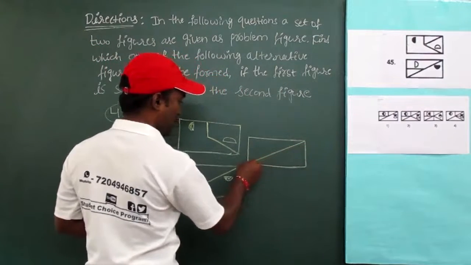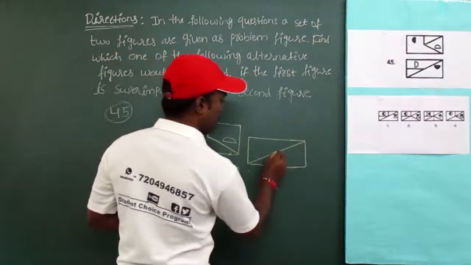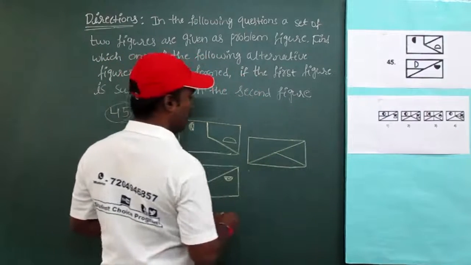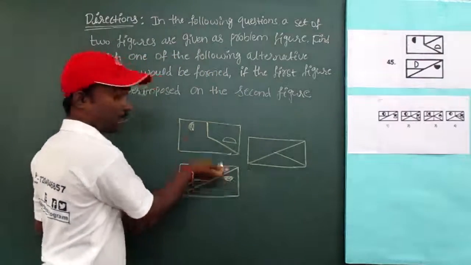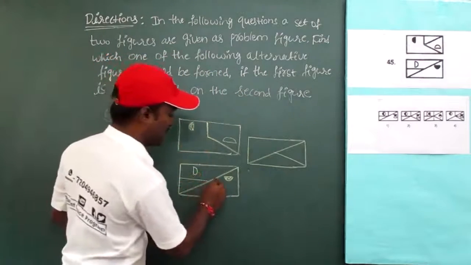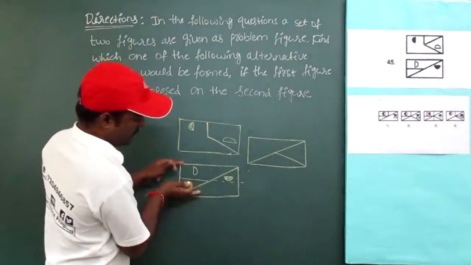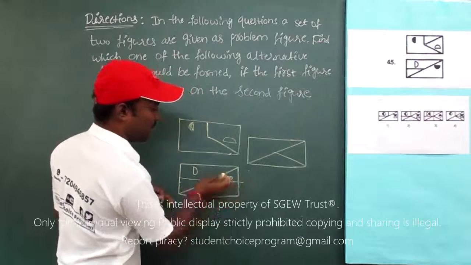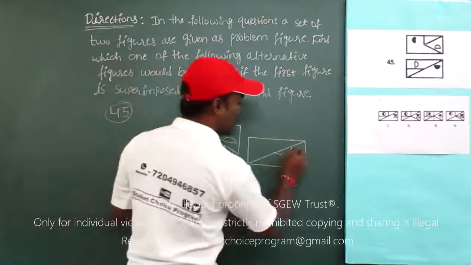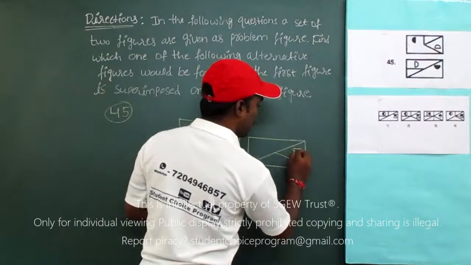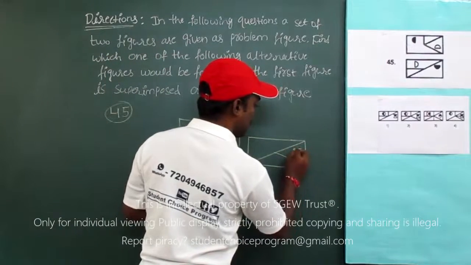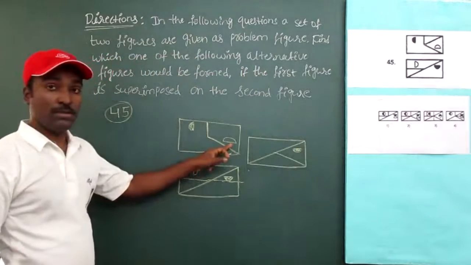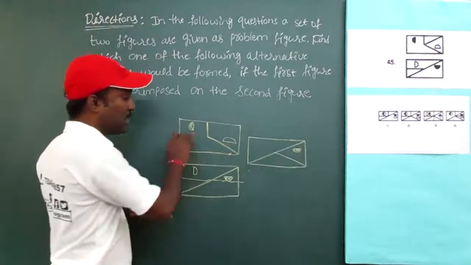I will have this and I also have this line, and this will come on top because, if you divide this rectangle into two parts, this semicircle will appear at the top. So this will appear like this. This is a dark semicircle. Now I'm also having a blank semicircle which is at the bottom.